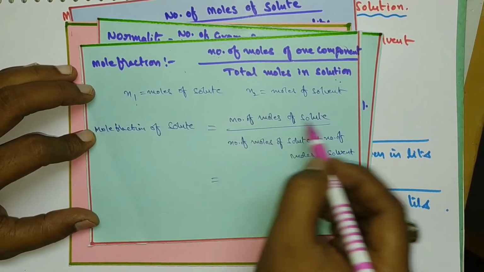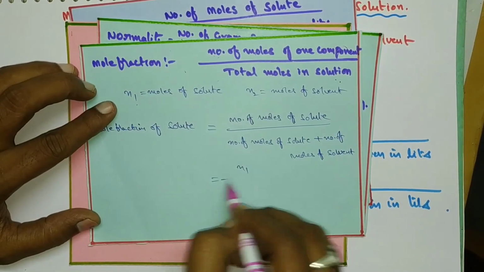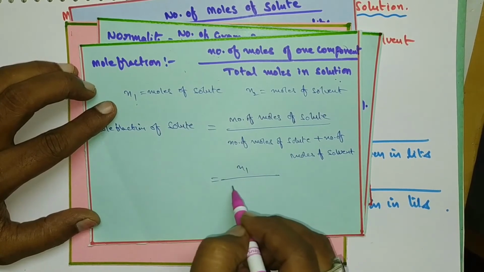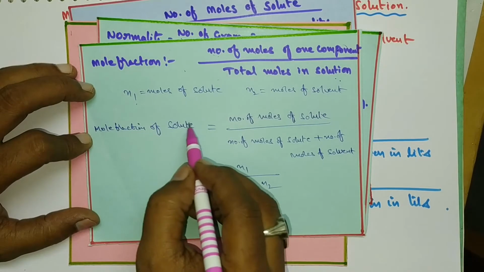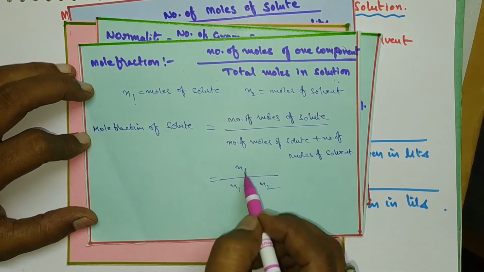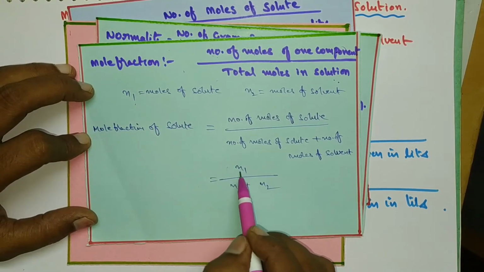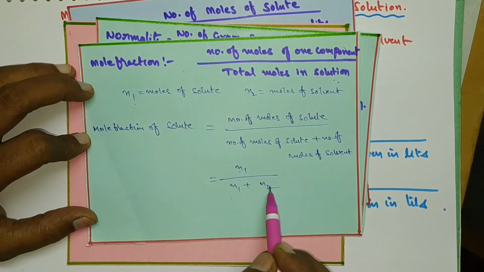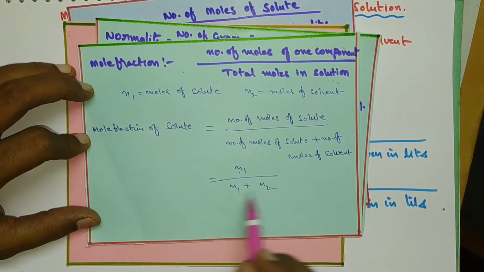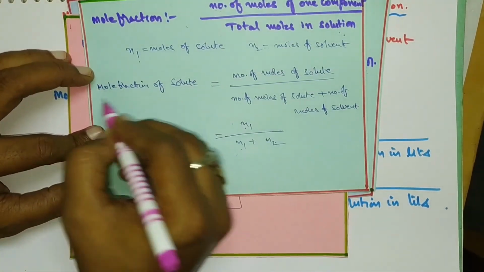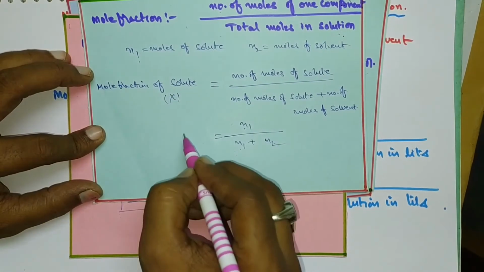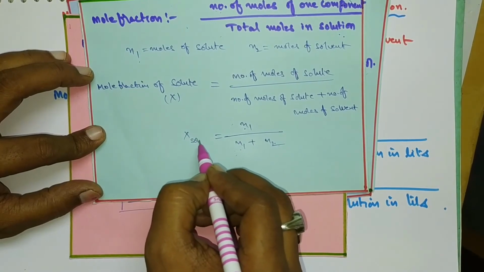So number of moles of solute means N1, and total number of moles means N1 plus N2. So mole fraction of solute is the fraction of number of moles of solute present in total moles of solution, that is solute plus solvent. This mole fraction can be represented by X. Here it is mole fraction of solute.